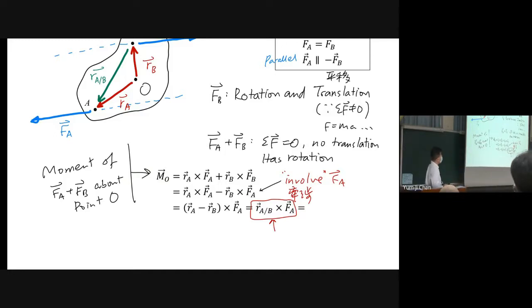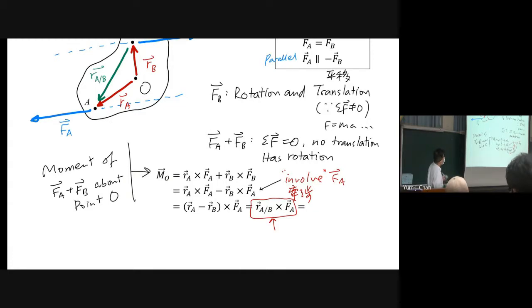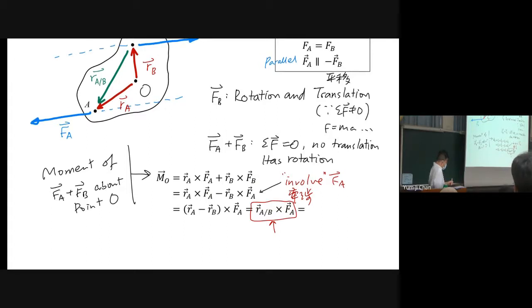We have RA with respect to B. Do we have O here? Because RA with respect to B is this vector in green, is O involved here? Seems not. So this RA with respect to B is independent of O.